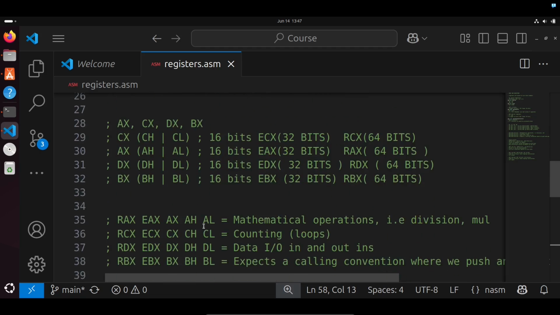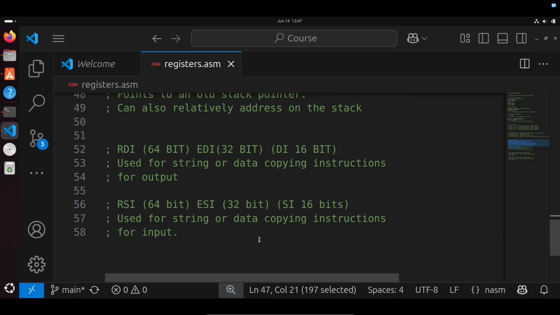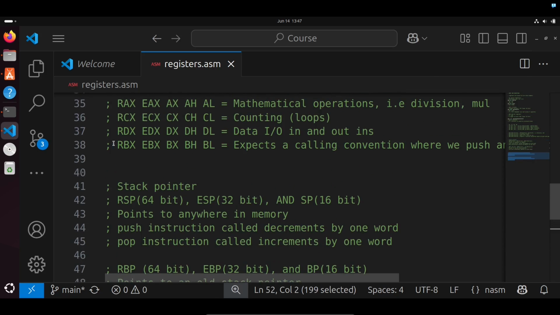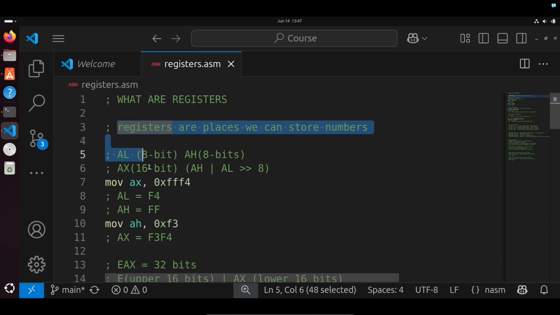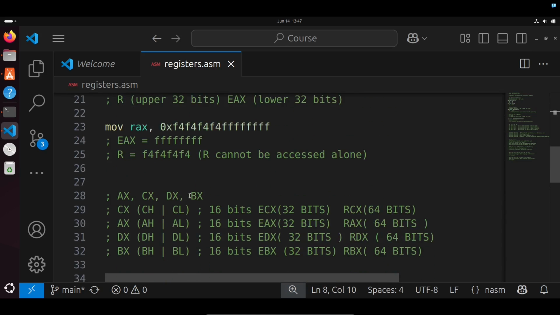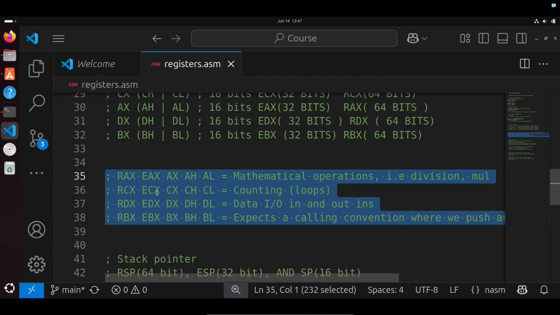Again, I don't expect you to completely understand the stack pointer as well as these string copying operations at this moment. By the end of this lecture, which is now, you should have a good understanding of the general purpose registers by this point. So if you don't, you should probably rewatch this video. So these are the general purpose registers, okay? The ones that I've highlighted.